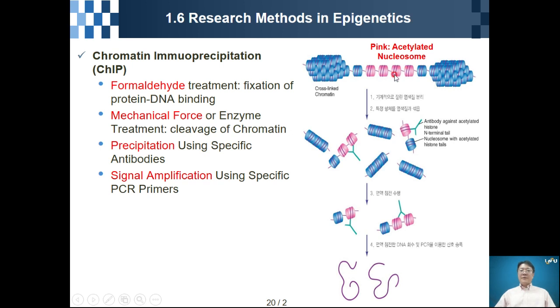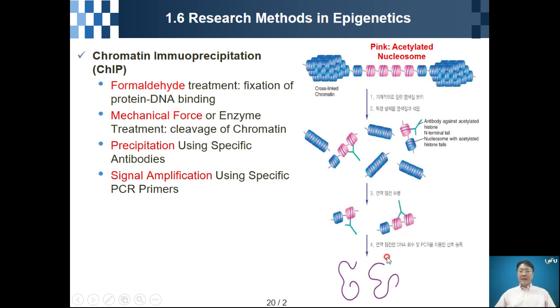After that, we do the precipitation. In this case, we use an antibody against acetylated histone. It means this antibody only precipitates acetylated histone.